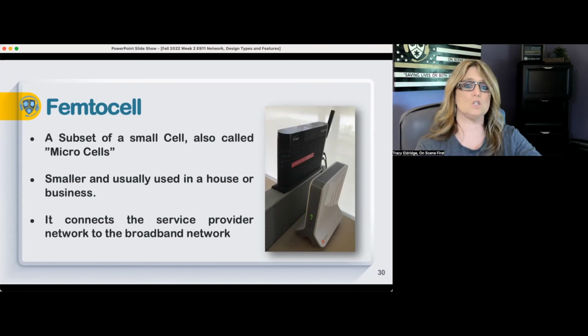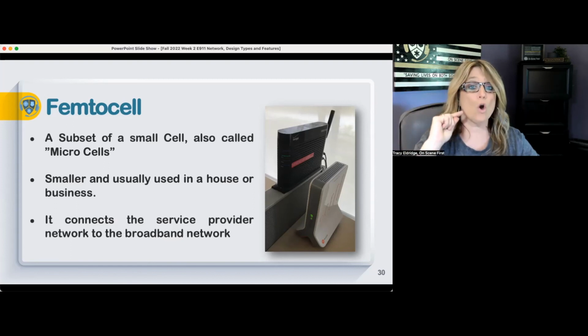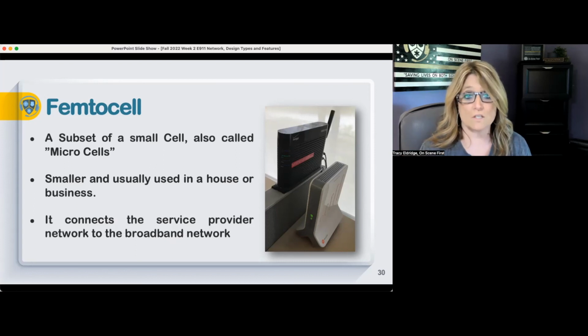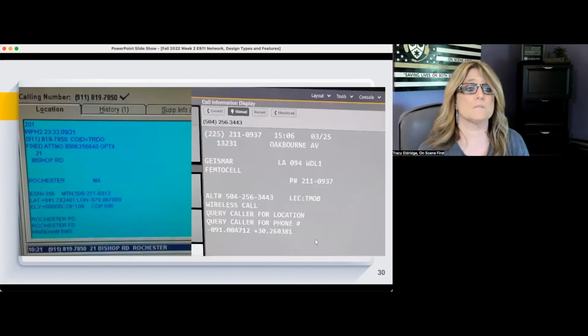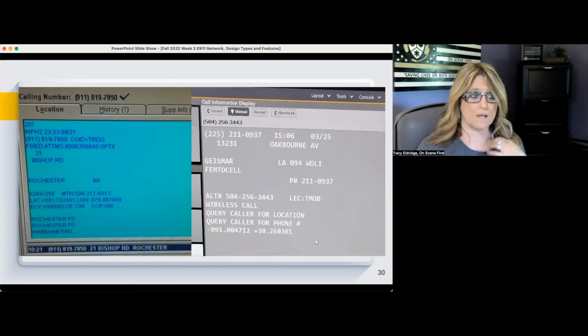What it does is turn that call into a VoIP call. It's now going over the internet, and it can pose challenges for 911. I've seen some situations. These are two screenshots of calls that came in, and there were a couple of things that indicated that they were actual femtocells or microcells.